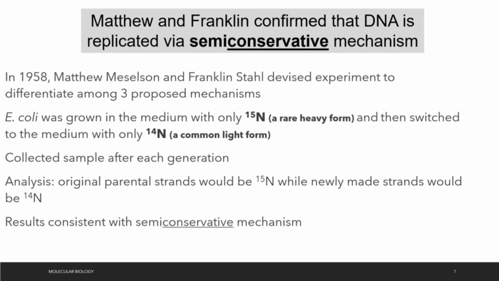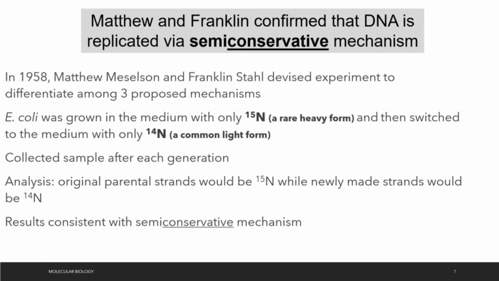And then after a few rounds of growth, they moved the entire culture, all the cells, into a culture medium that contained only 14N, which is the common lighter form of nitrogen. And then they collected samples after each generation to analyze the DNA to see how heavy the DNA is.